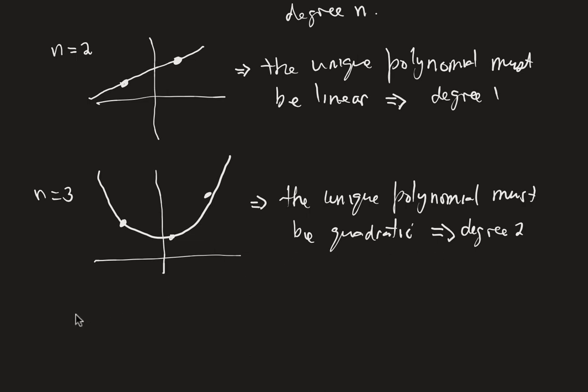So in general, given n data points, and this is a little bit of theory that I won't give the general proof of, it's beyond the scope of this course. But intuitively, if you start with the linear case and progress through higher degrees, you'll see at least why intuitively it should happen, and it does.